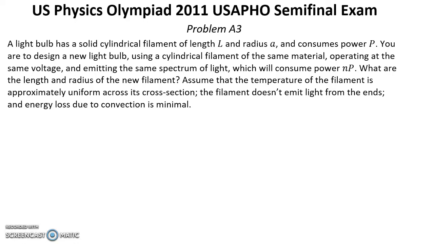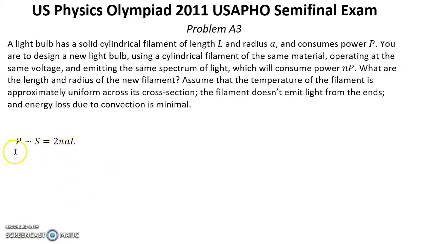Solution. First, let's write the equation for power according to geometry. If we use the same material with the same temperature, power must be proportional to side area S, which is equal to 2 pi aL.